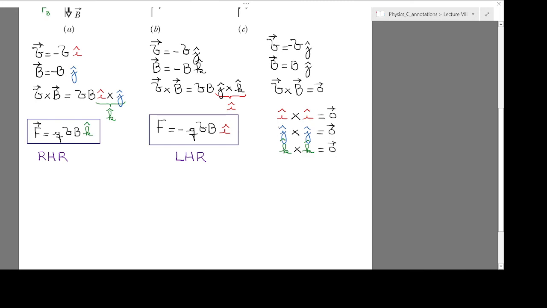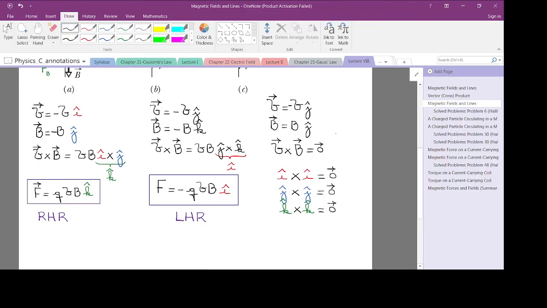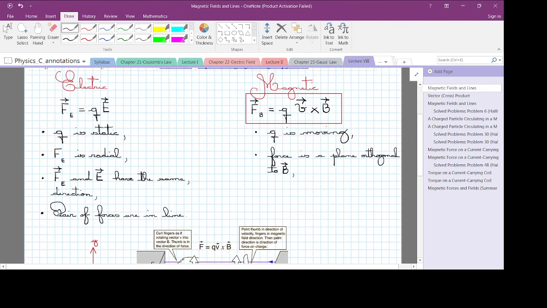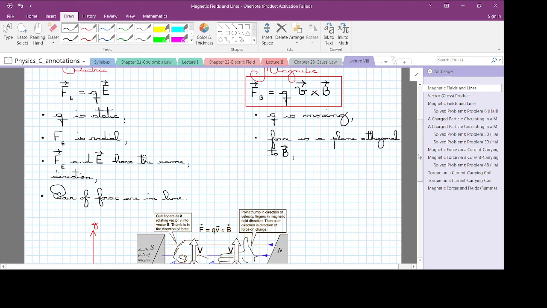And this is actually easier to see if you go back to our formula, which is what we learn in high school. Of course, in high school we don't learn the magnetic force in the vector product form.